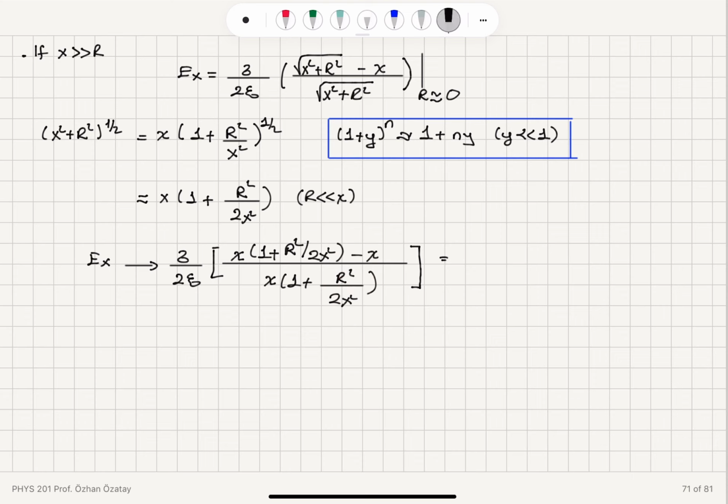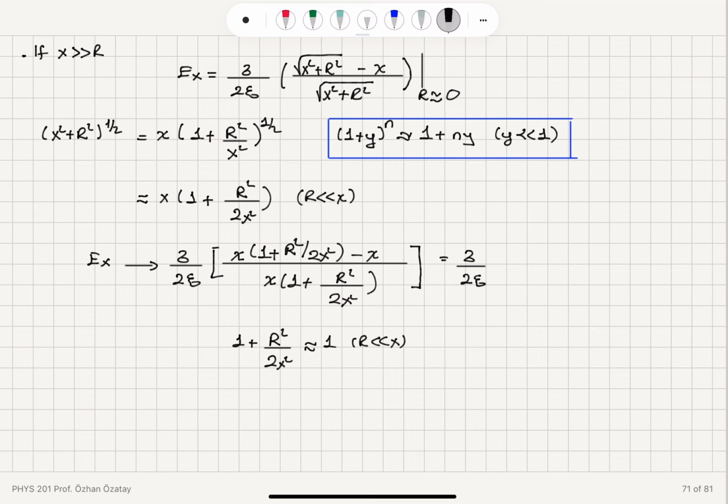So basically I can see that in the limit R is much less than x, 1 plus R squared over 2x squared will be approximately equal to 1. So this will become sigma divided by 2 epsilon 0.